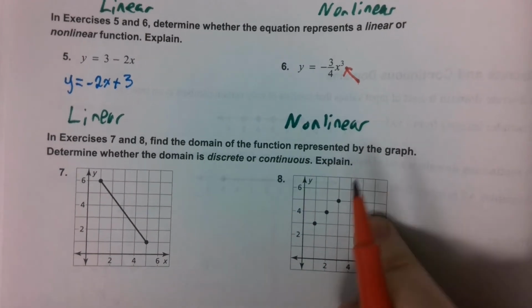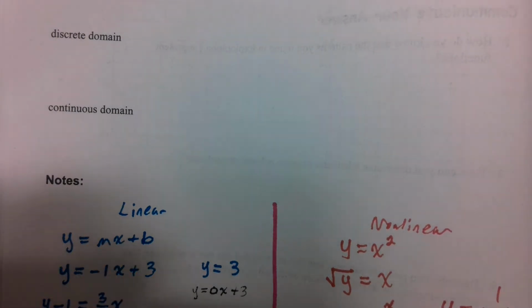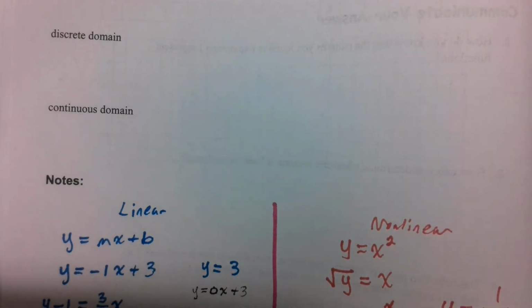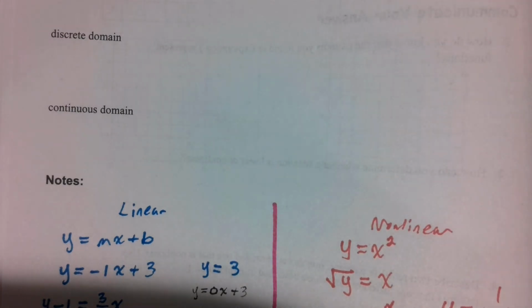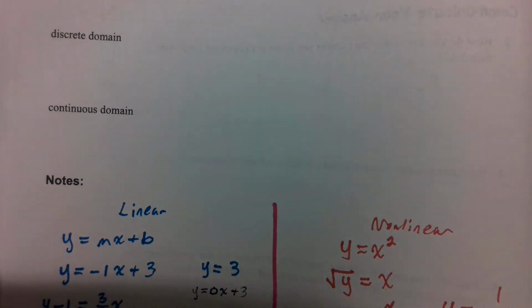The very last piece of our notes is determining these complex sounding words called discrete and continuous. We actually unknowingly have already talked about discrete and continuous. However, we haven't actually formalized them as these words.